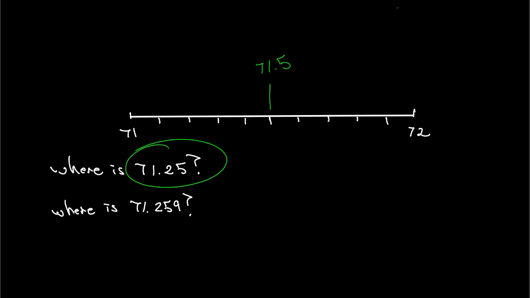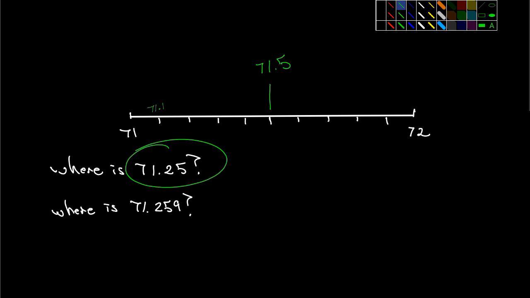Well, first I'm going to label. Let me do this here. 71.1, 71.2, 71.3. And so I'm asking about 71.25. It's going to be between those two.